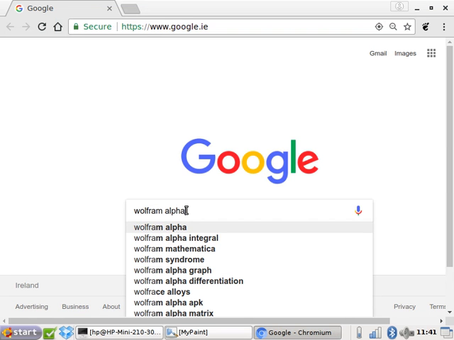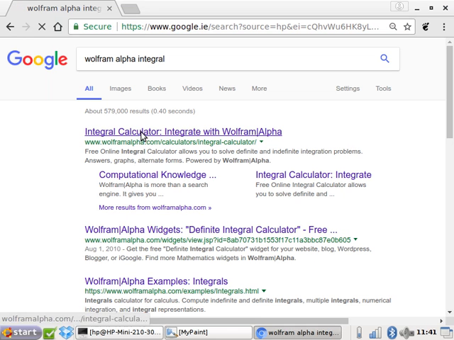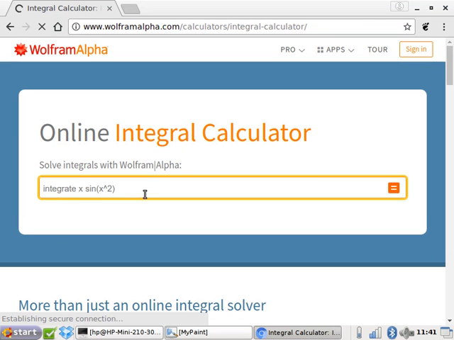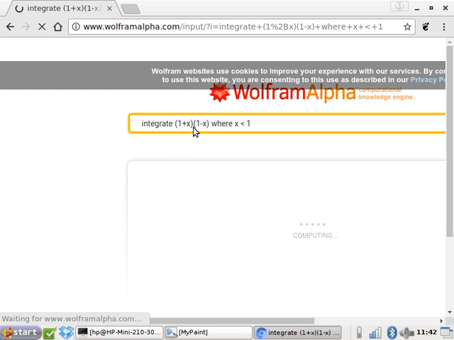Wolfram Alpha integrals. Integrate. Oh, I have to type. Integrate 1 plus x over 1 minus x, where x is less than 1. Oh, whoops! I never wrote my forward slash.